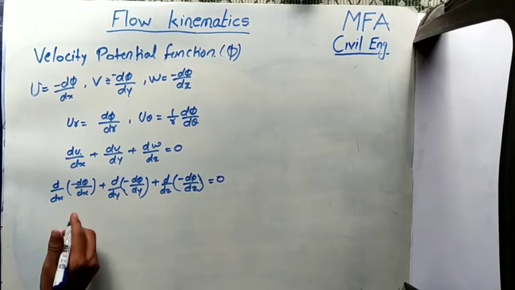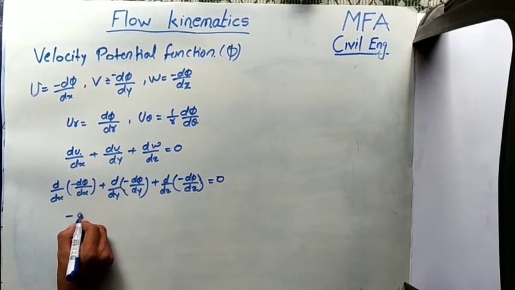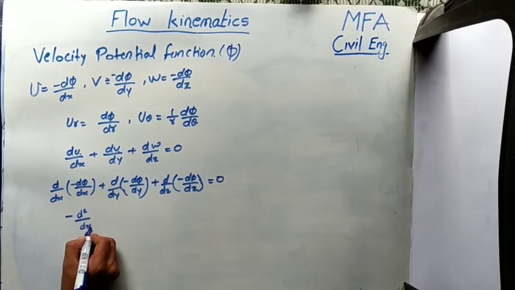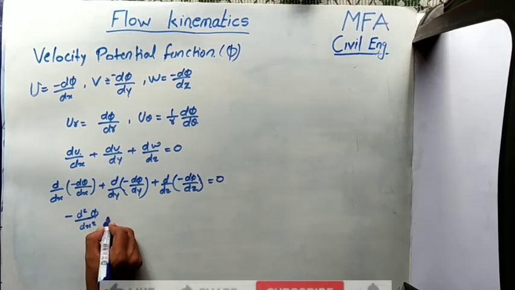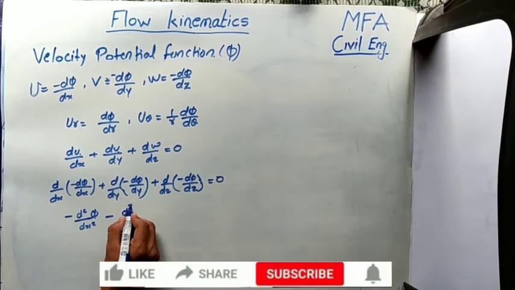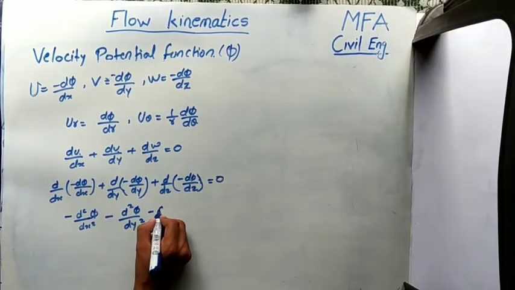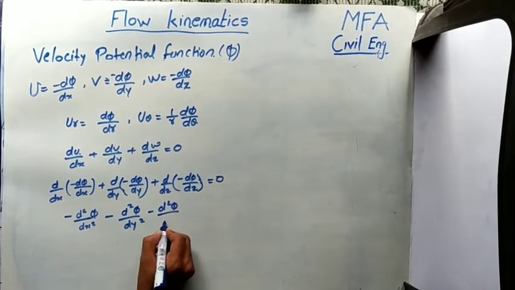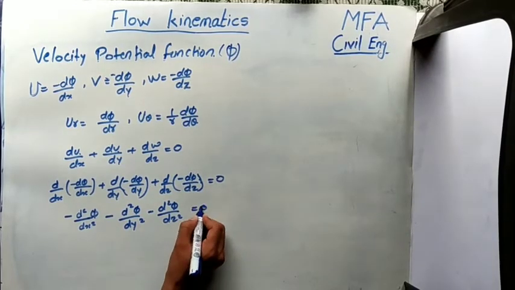Now opening the brackets, the values become minus d2 phi by dx square minus d2 phi by dy square minus d2 phi by dz square, which is equal to 0.